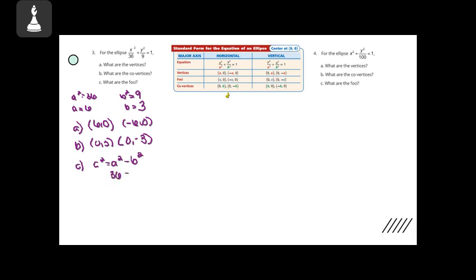So c squared equals 36 minus 9, or c squared is 27. So I would have to square root, and 27 can be broken down into 9 times 3. I can square root 9, 3. I cannot square root 3, so c is 3 root 3. Meaning our foci are 3 root 3, comma 0, and negative 3 root 3, comma 0.